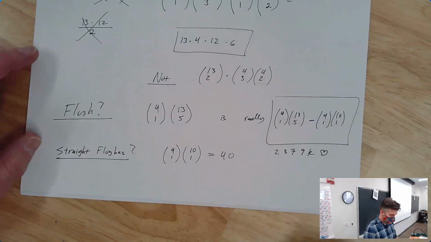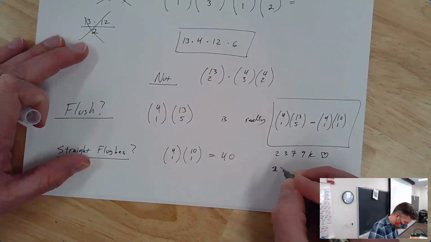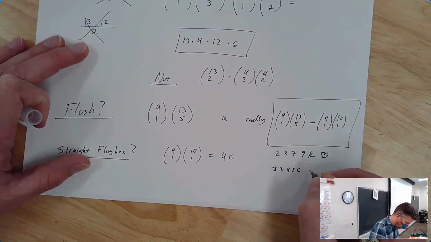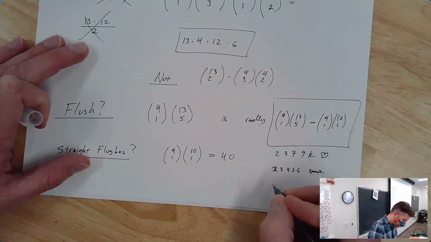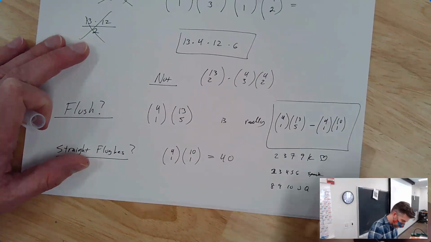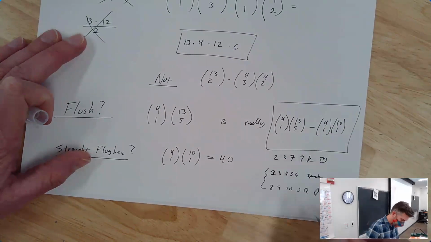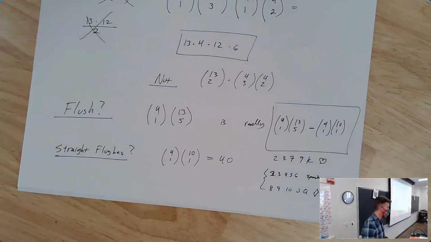That would be a flush. A straight flush would be, for example, 2, 3, 4, 5, 6 of spades, or 8, 9, 10, jack, queen of diamonds. Those would both be straight flushes. But a flush or a straight flush can definitely include any of the face cards.